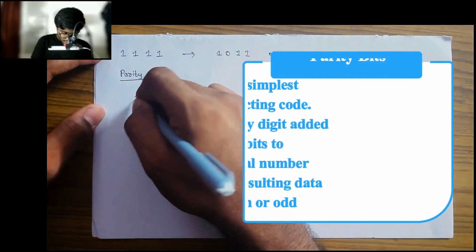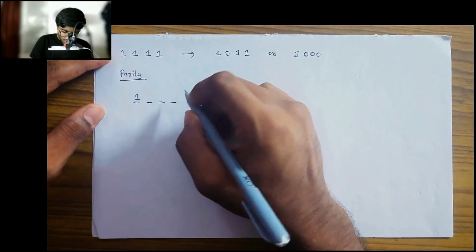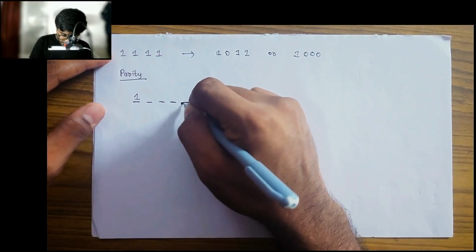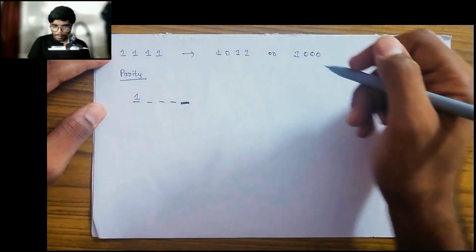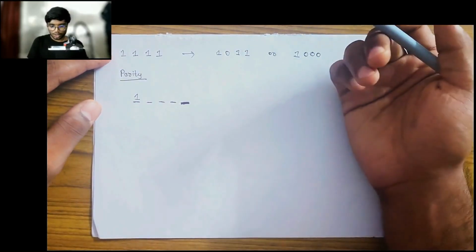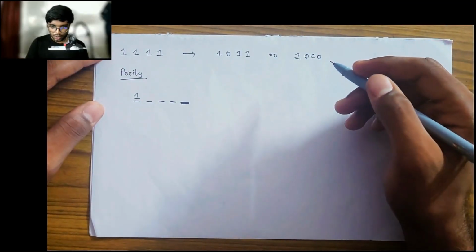Let us say there is a code of 4 bits. At the end we add an extra bit called the parity bit, which tells if the code from the transmitter is received properly or not.